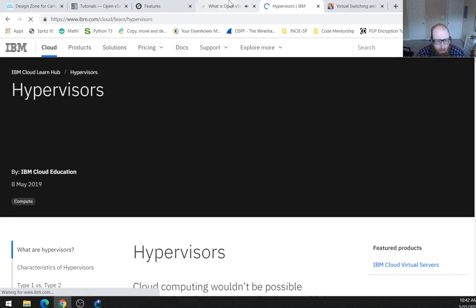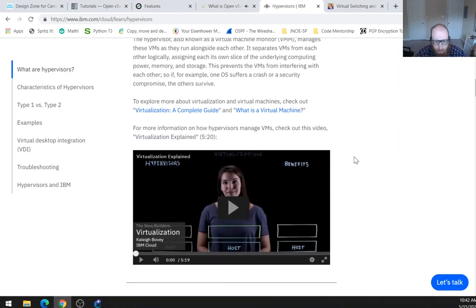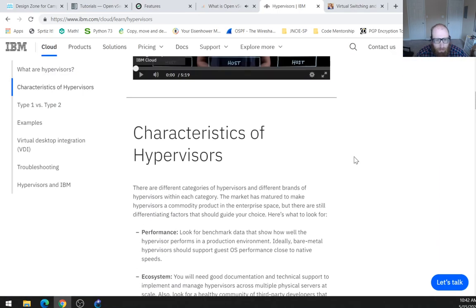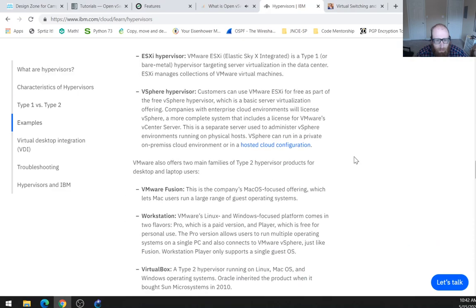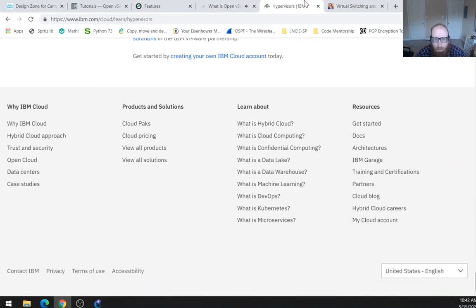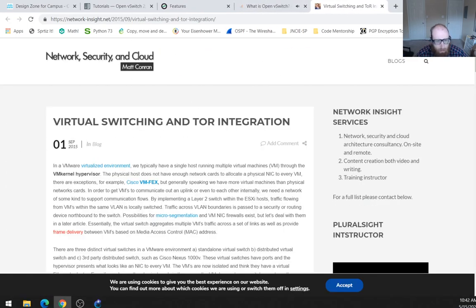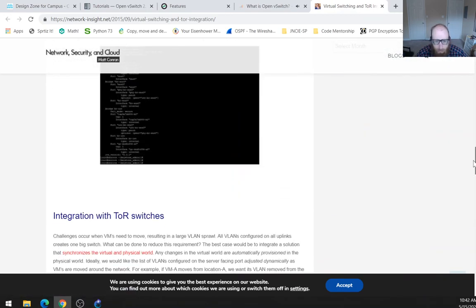OVS vsctl or vskettle show will show us our new virtual switch. You see it has a single internal port with the same name as the parent bridge, which is my bridge. This port is also mapped to an interface with the same name, my bridge. It is marked as internal to distinguish it from the other OVS ports like we'll see later.